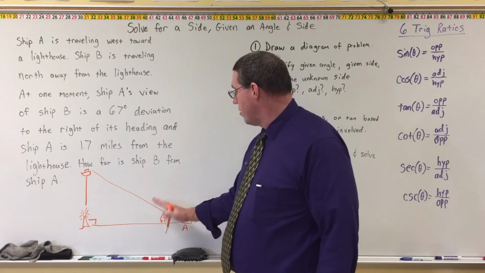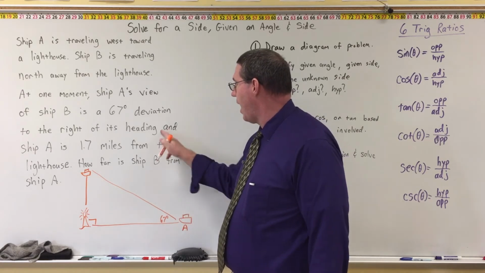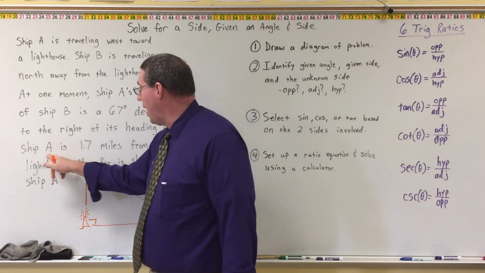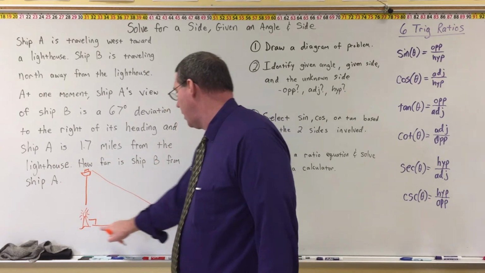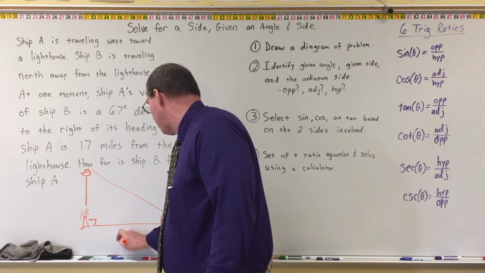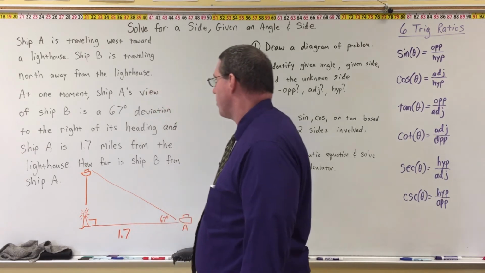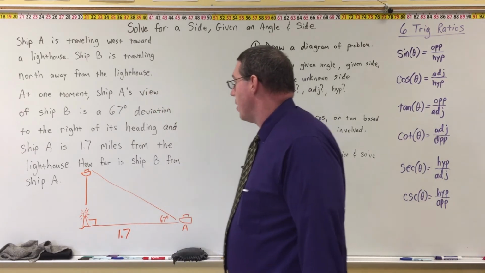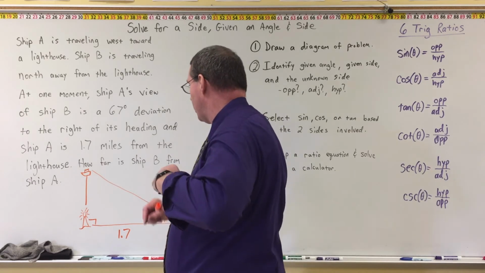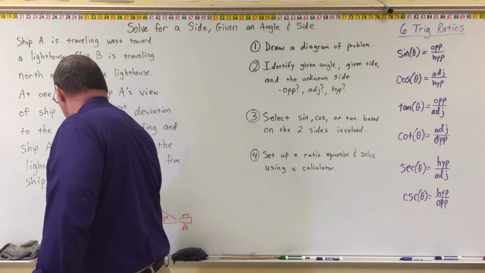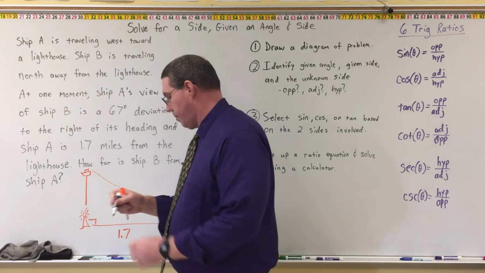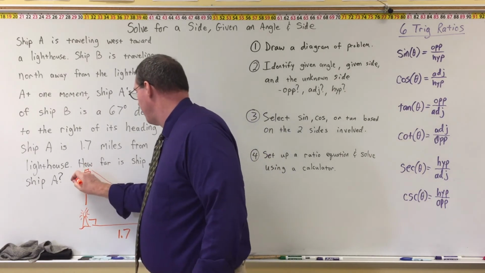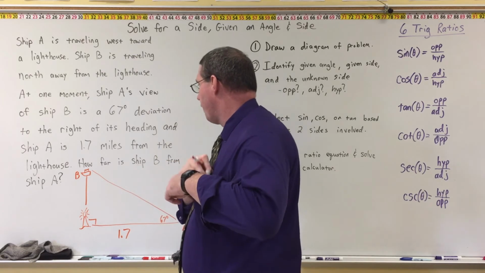Okay. 67-degree deviation to the right of its heading, and ship A is 1.7 miles from the lighthouse. That means that the distance from ship A to the lighthouse is 1.7 miles. Now it says, how far is ship B, here's ship B, from ship A?